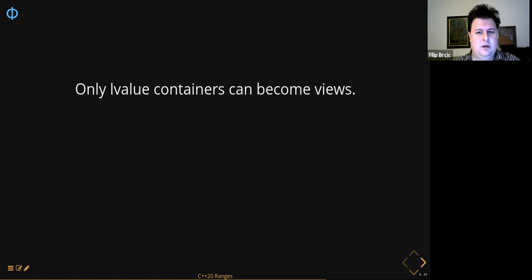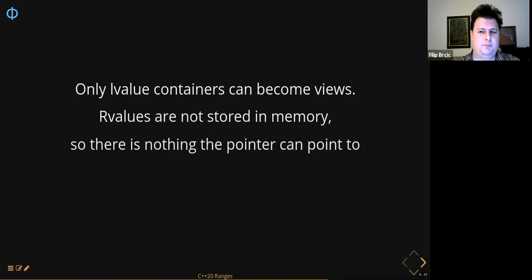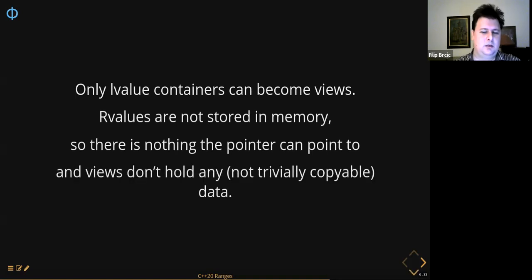I don't know. R values are not stored in memory, they are temporary variables, and you can't point to them. So since views can't hold any data, they can't actually work with R values.